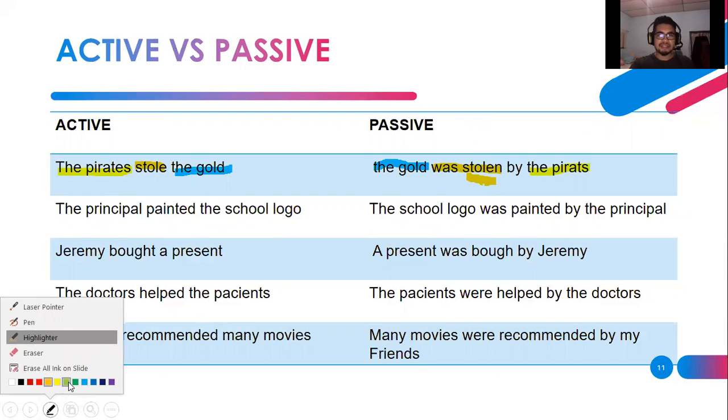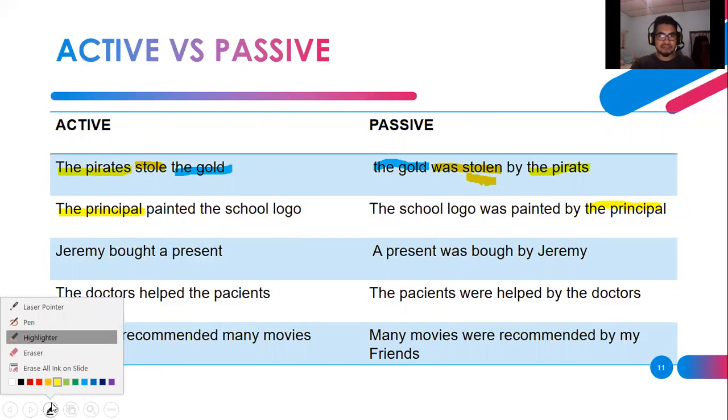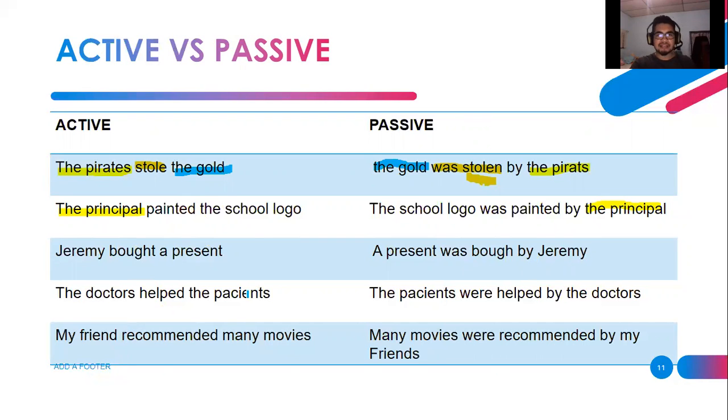So, as I was telling you, we're going to go back to the yellow, and in the second sentence, we have the principal painting the school logo. The principal is the subject in the active voice, and in the passive voice, he is now the object, okay? He is now the object. In the case of this school logo, what is the thing that the principal painted?